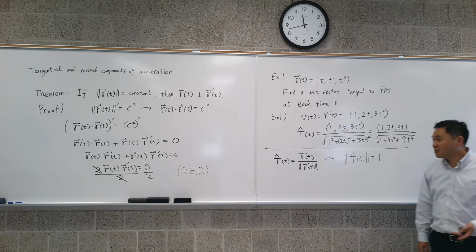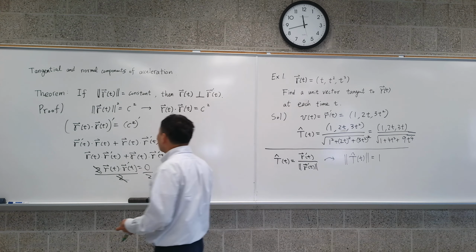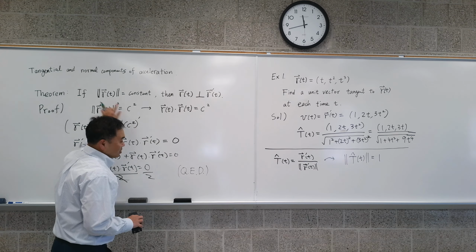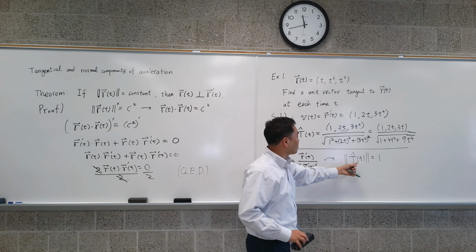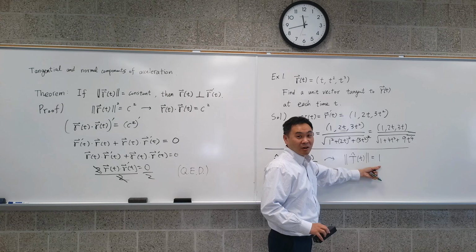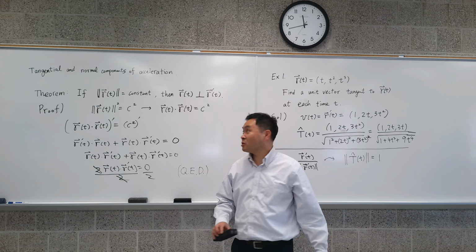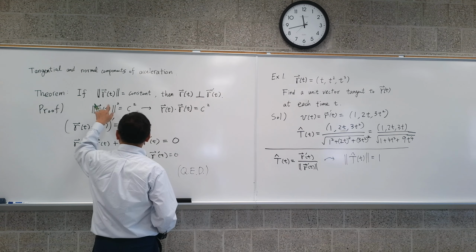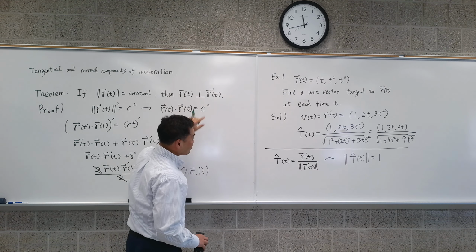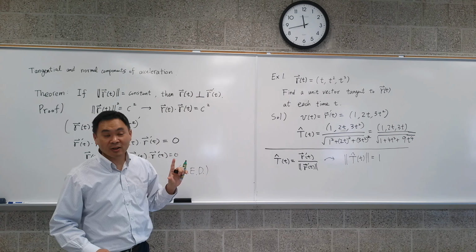Okay, so if that's true, now we can apply this rule. If you have any vector valued function whose norm is always a constant, then we know that the function itself and its derivative are perpendicular. Okay?